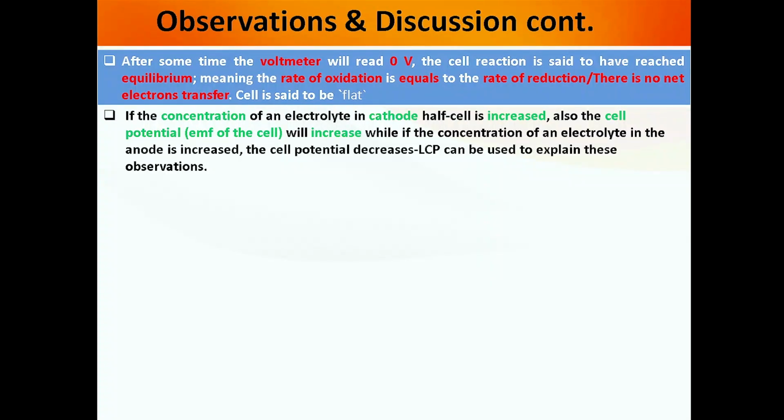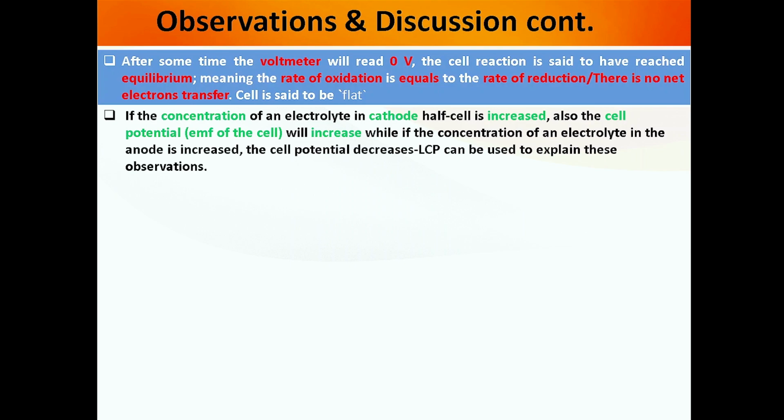Another thing that I want to add is that the concentration of the electrolyte in the anode cell increases. The EMF of a cell will decrease while the concentration of the electrolyte on the anode is increased.